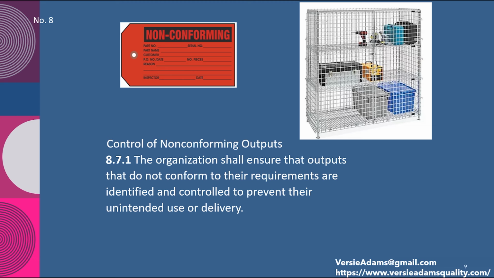So on all non-conforming product, you need to identify it with a non-conforming product label. And if you're using an ERP system that prints out a non-conformance report or a DMR, defective material report, you can identify it with a copy of that report attached to the product.